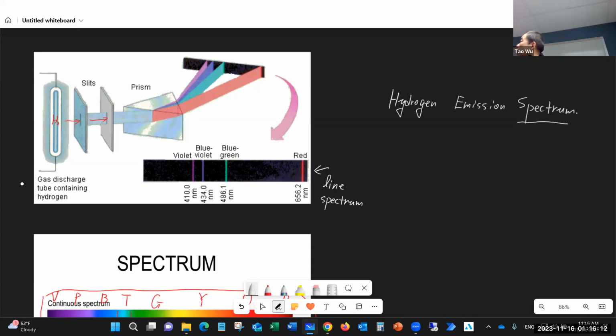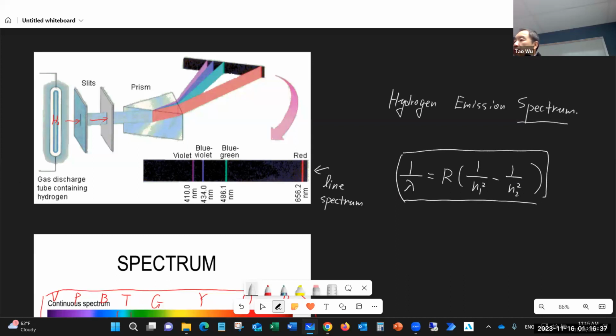Then they figured out, wow, these wavelengths fit one equation: 1 over the wavelength, lambda, equals a constant times 1 over n1 squared minus 1 over n2 squared. This is very interesting. Those wavelengths fit into this equation, and n1 and n2 must be whole numbers.